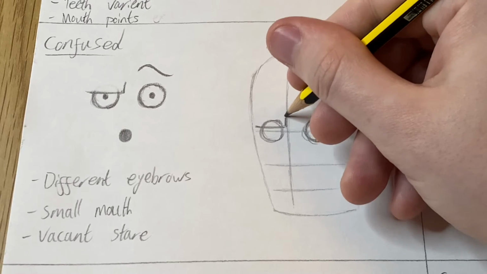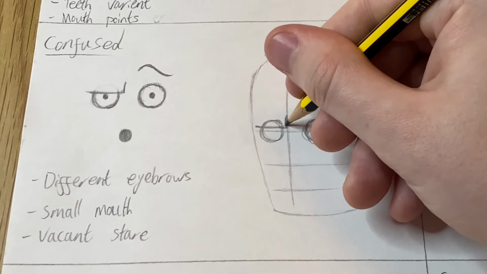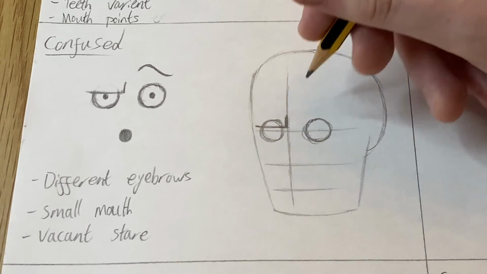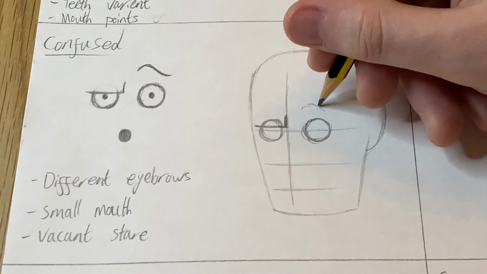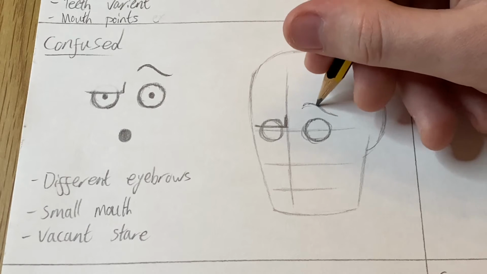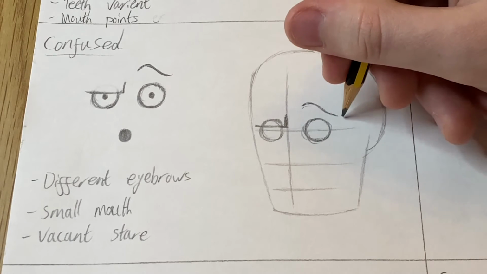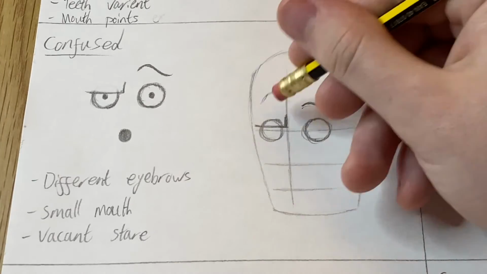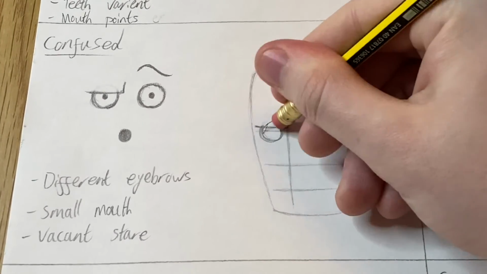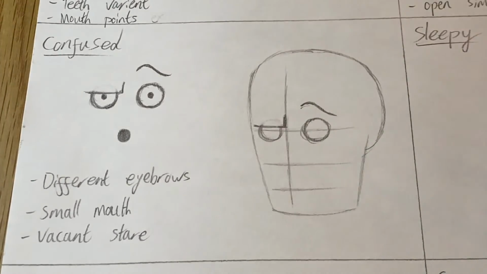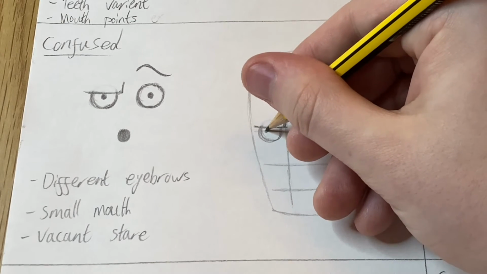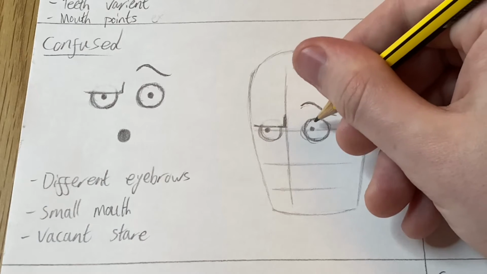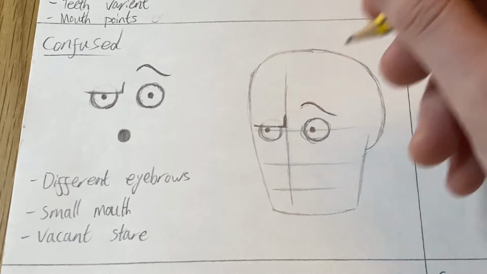So our eyebrow with our straight right angle hook upwards, and then our little wave eyebrow, starting low and waving up towards the top. We'll erase that line where the eyebrow is. And then we'll add in the pupils.